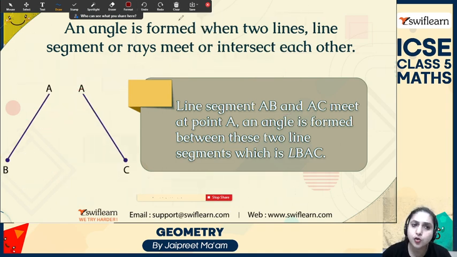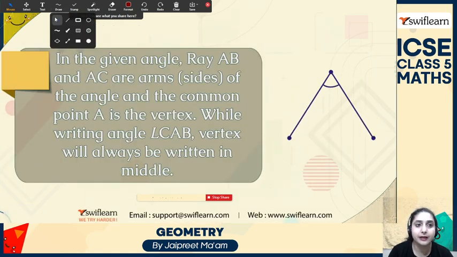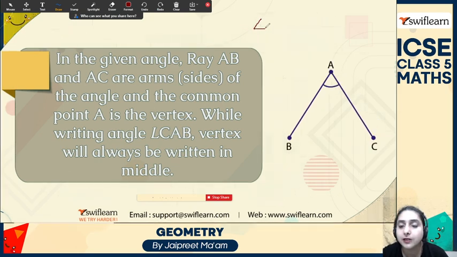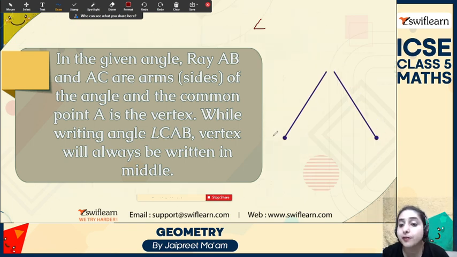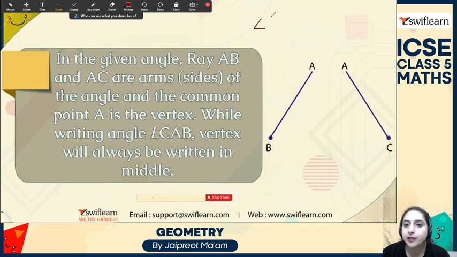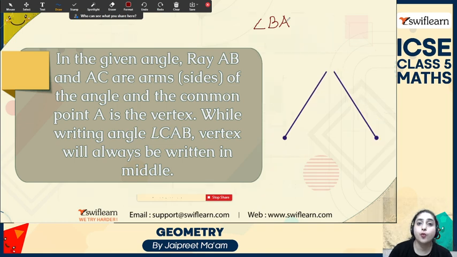So how to write an angle? Let's see how to write an angle. There is a symbol for writing an angle, and the symbol is like this: a little slanting line and then a straight sleeping line. So it forms an angle. For example, we have to write angle BAC. Now how will we write angle BAC? First of all, we use this symbol, then we put B here, then in the middle we write A, the point where they are meeting.